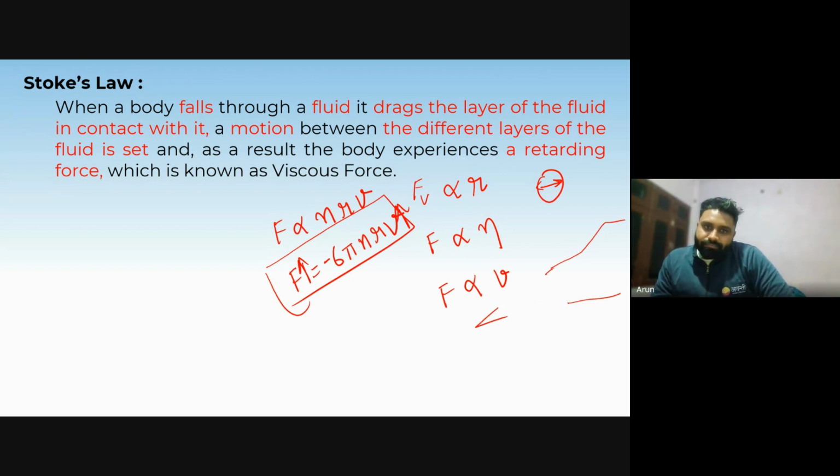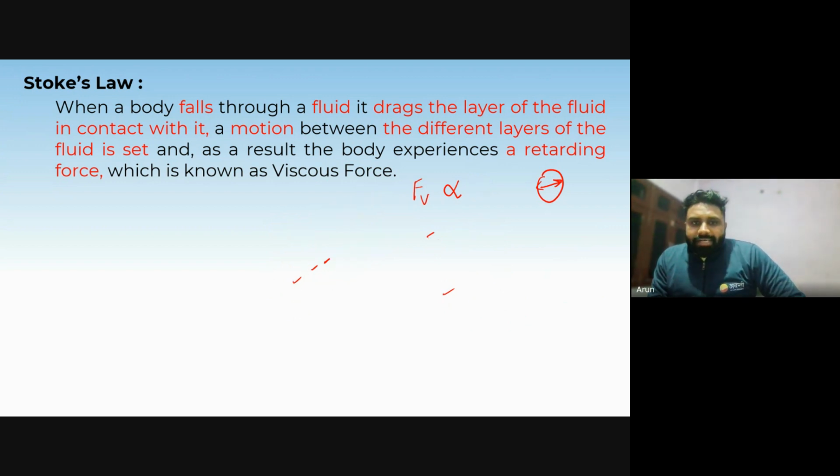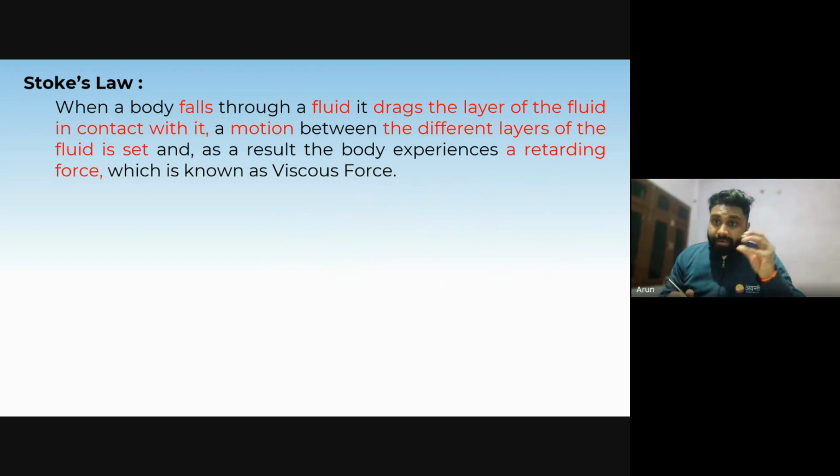Got it? Because this point has a lesser radius. So if the radius decreases, the viscous force will also decrease. That is why we have made fighter jets with a needle type of structure, a sharper edge.